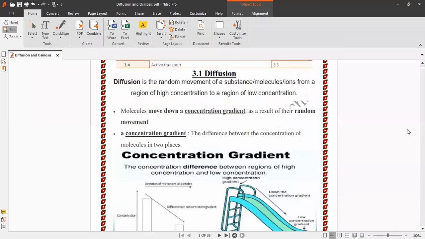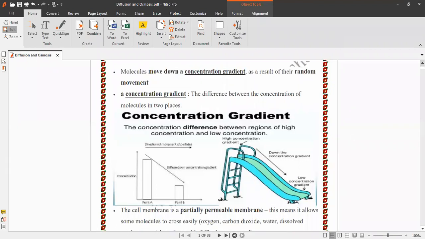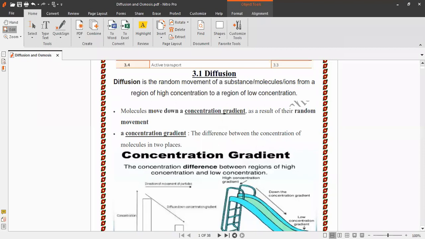So diffusion is the random movement of substances, of molecules, of ions from a region of high concentration to another region that has low concentration. But for what? For salts, for ions, molecules, substances, for gases, but not for water. Not for water.